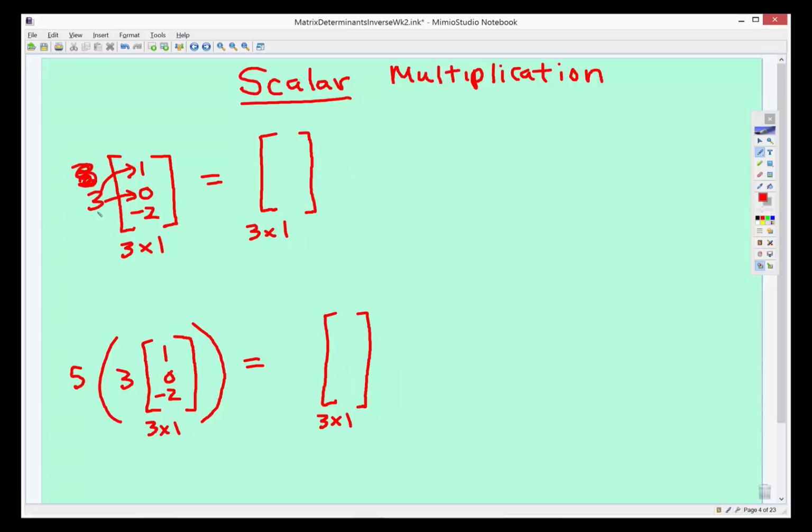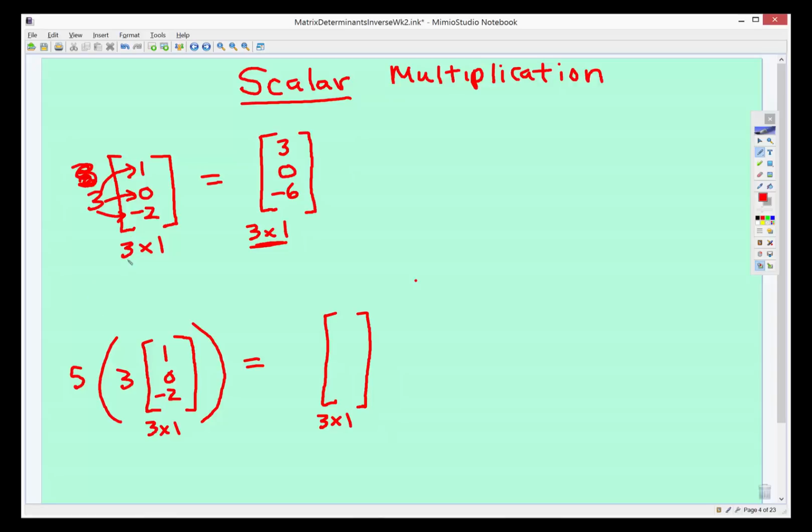You're going to multiply that 3 by each number inside. So 3 times 1 is 3. Make sure you put it in the correct location. 3 times 0, it's the middle location, so we put a 0. 3 times -2 is in the bottom location, so we put -6.